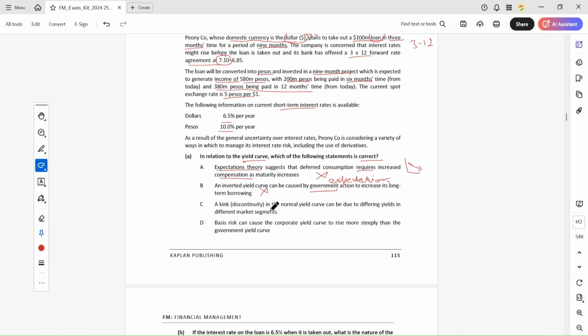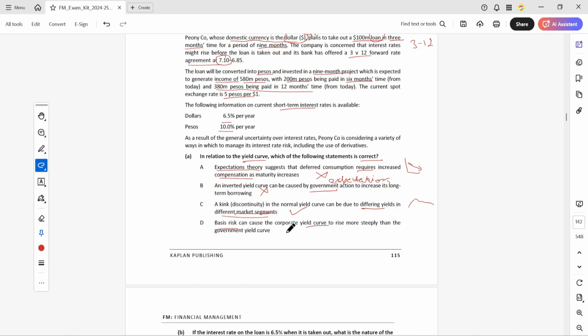A kink or discontinuity in the normal yield curve can be due to differing yields in different markets. Yes, the kink is due to different yields in different markets: short-term, medium-term, and long-term. This is correct. Basis risk can cause the corporate yield curve to rise more steeply than the government yield curve.